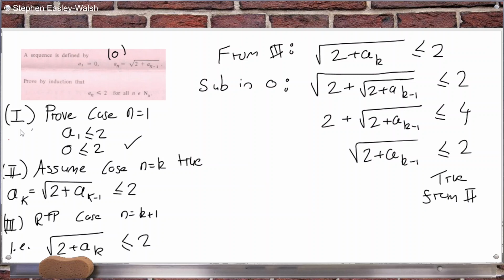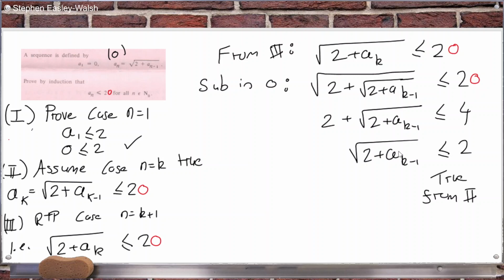Now, it might be worth thinking about whether that might have worked a little bit too nicely. So, for example, if you were to change this 2 to 20, 1 would still be true, 2 is assumed true, and then in 3 you're trying to prove this, and you would get 400 minus 2, which is 398.